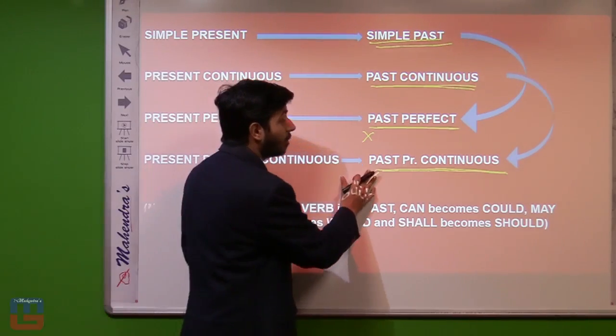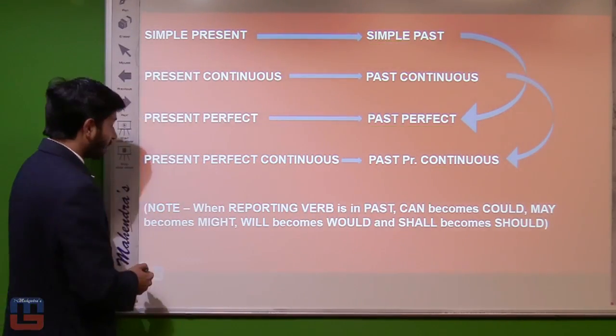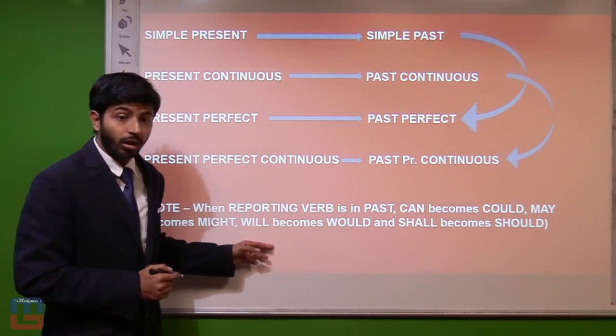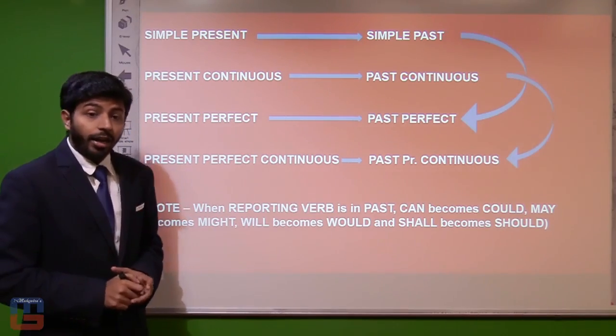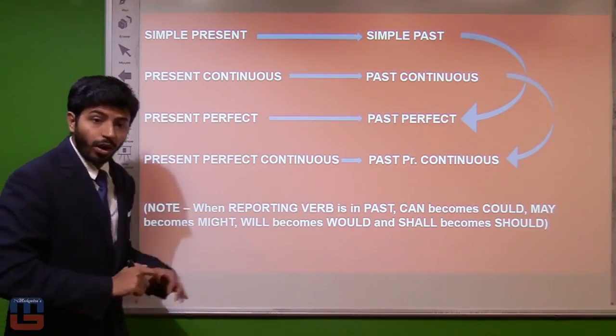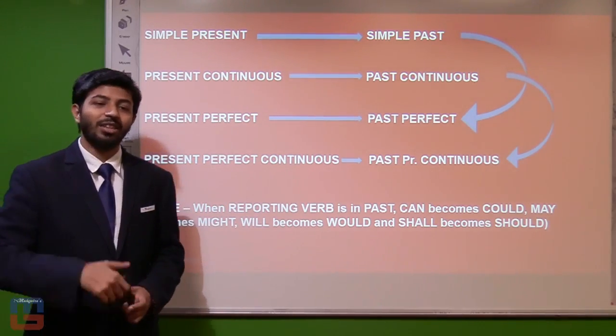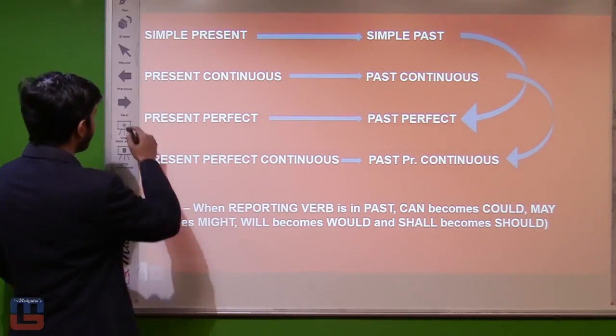When the sentence is given in past perfect continuous, no change will occur. So these are the tips and tricks. Note that when the reporting verb is in past, can becomes could, may becomes might, will becomes would, and shall becomes should. So this is a conversion for your future tense.